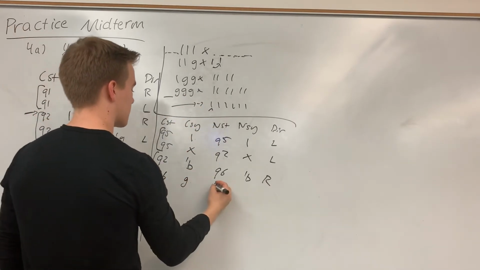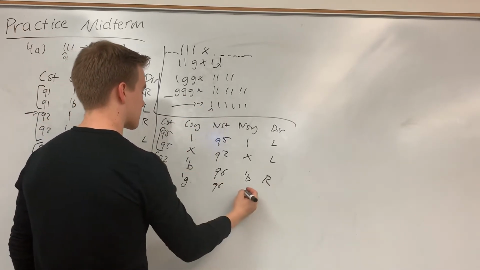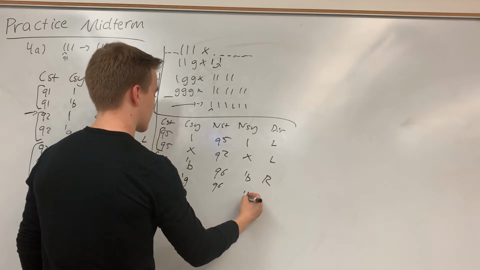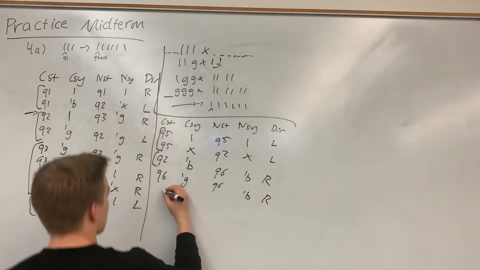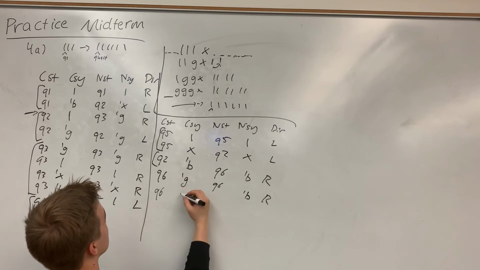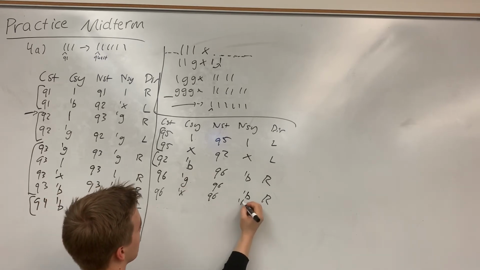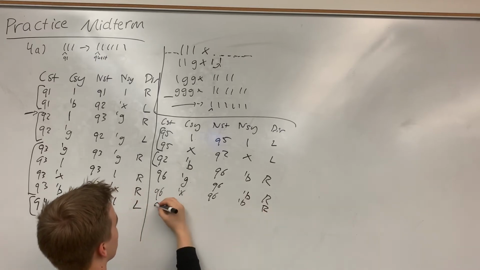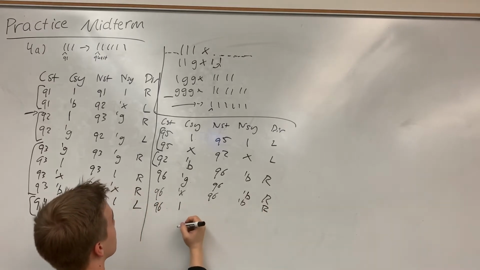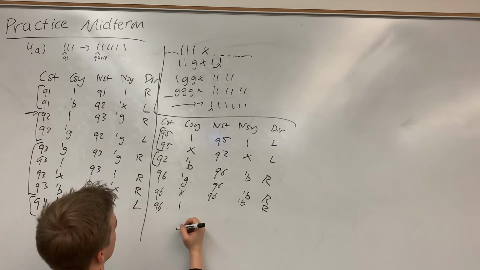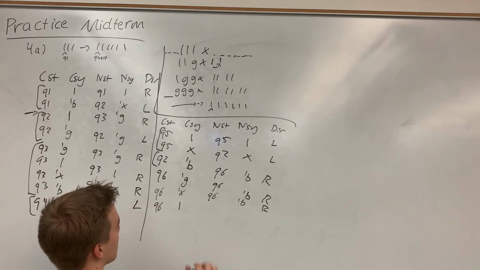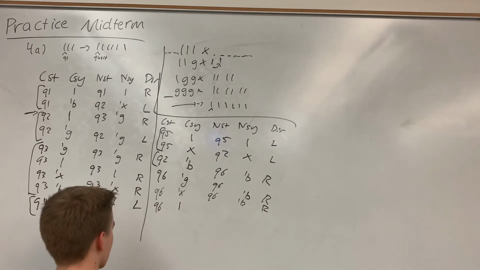So G, stay in Q6, make it a blank, move to the right. Q6 encounters an X, stay in Q6, make it a blank, move to the right. And if Q6 encounters a 1, oh, this is a little annoying, but actually, can't we just end after we change the X into a blank?